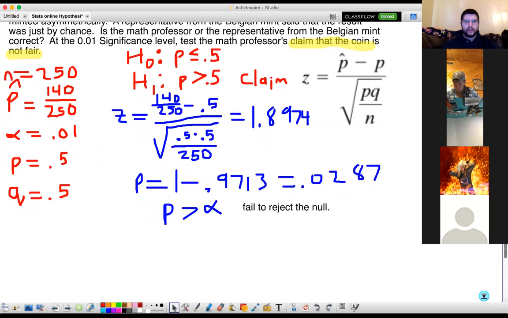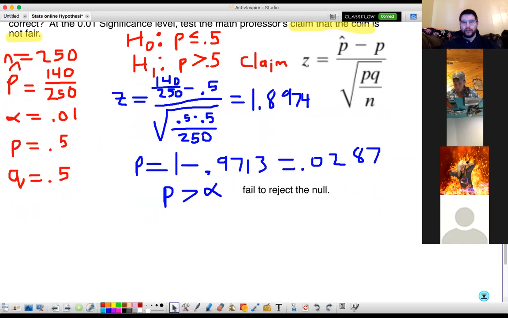For the traditional method, we need the critical value, or values in this case. Since we have a right tail, we just use alpha. We find the critical value corresponding to 0.01. It's a 1 tail, we don't cut it in half. So using the chart, 0.01.